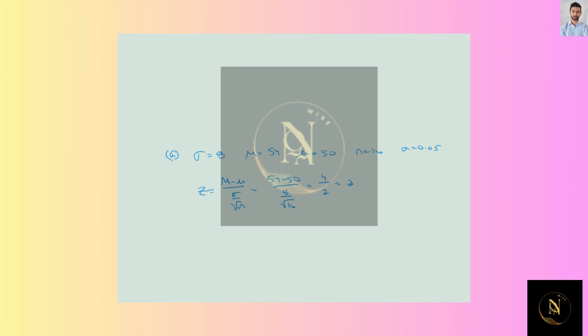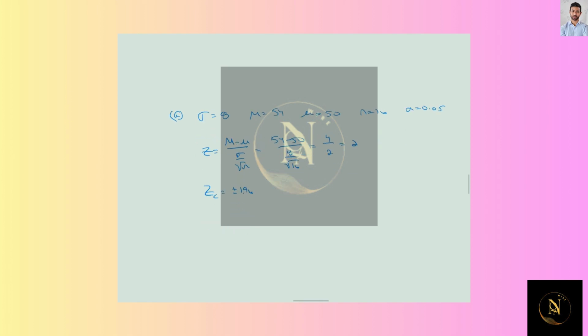And now we find the critical z-values for a two-tailed test at a significance of 0.05 over 2. This comes from the standard normal table, or the z-table. The critical z is positive and negative 1.96.